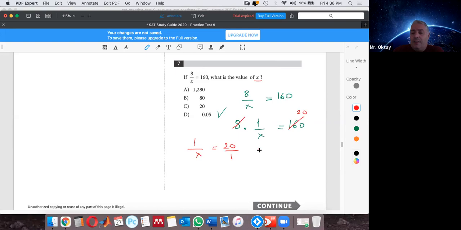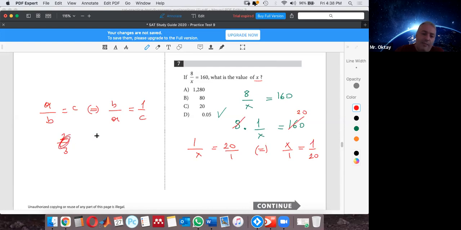Now, x over 1 is equal to 1 over 20. You know, a over b is c means b over a is 1 over c. I mean, let me find a good number. 10 over 2 is 5 means 2 over 10 is 1 over 5.